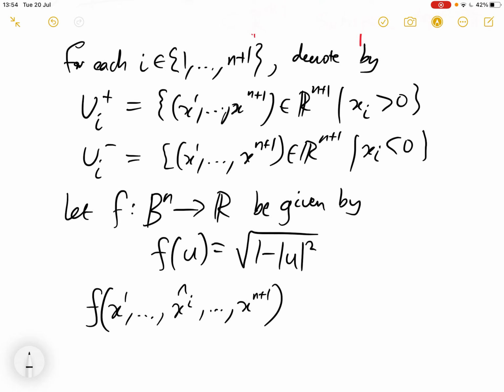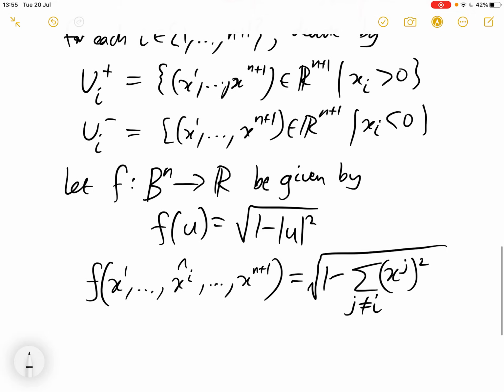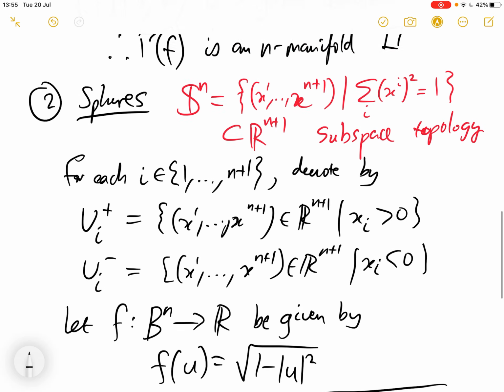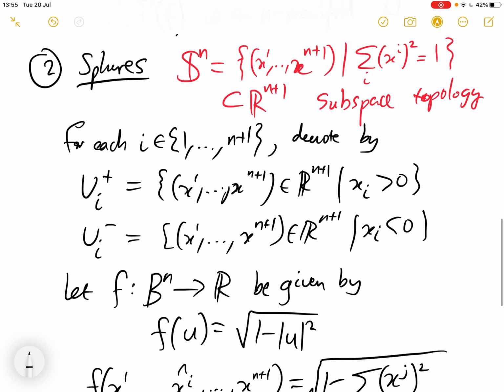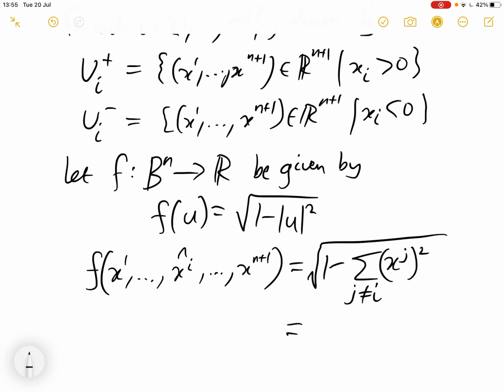So the hat denotes that we're omitting xi, and if we work out f of this, it would be the square root of 1 minus the sum over j not equal to i of xj squared. We know that the equation of the sphere requires that the sum of the xi squared is equal to 1.